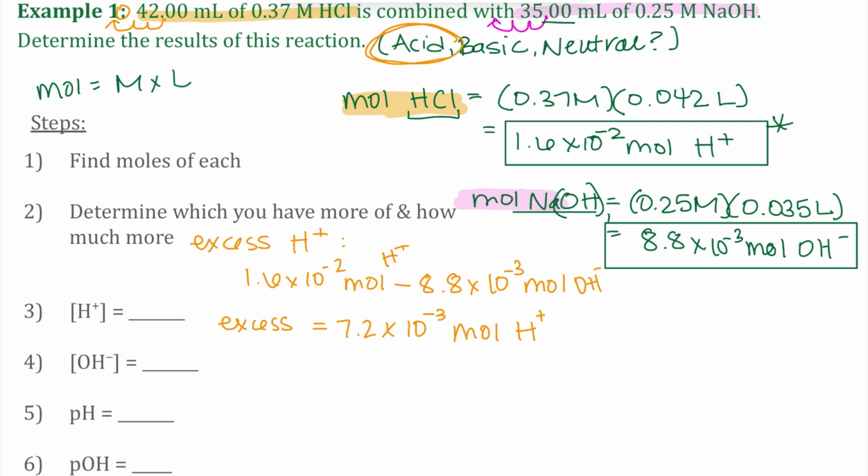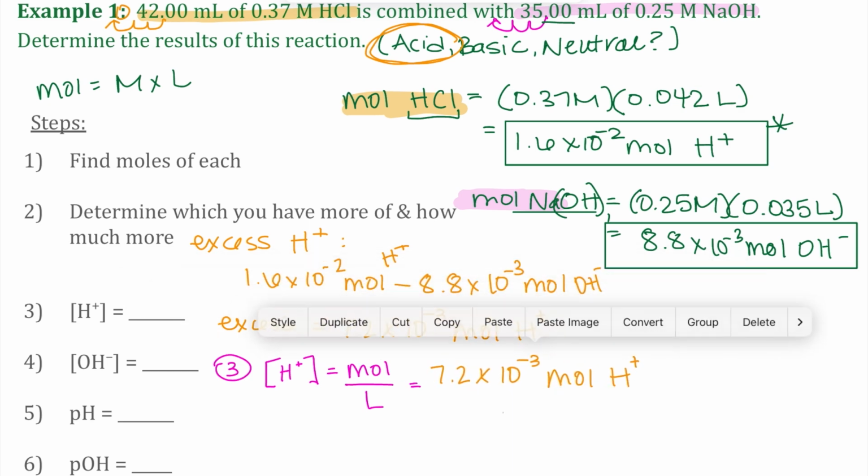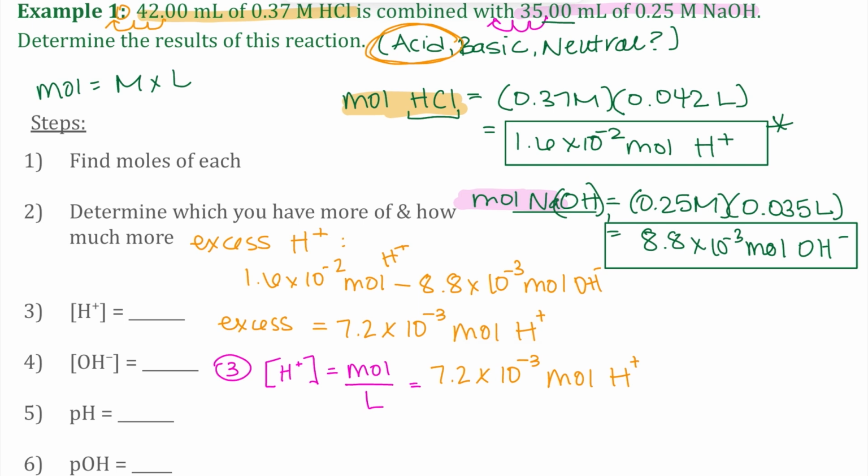And so we found step 2, so now in step 3, let's actually find what is the concentration. We don't want how many H pluses do we have, but again, concentration, molarity is moles over liters. We know that we have those excess H plus ions as our moles over, we need the volume of this whole solution.